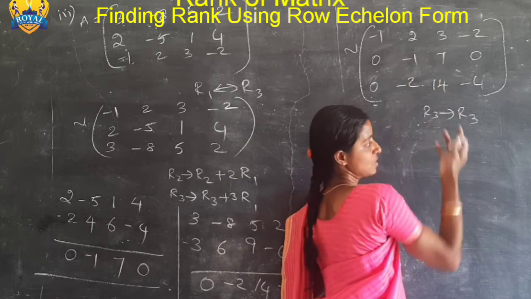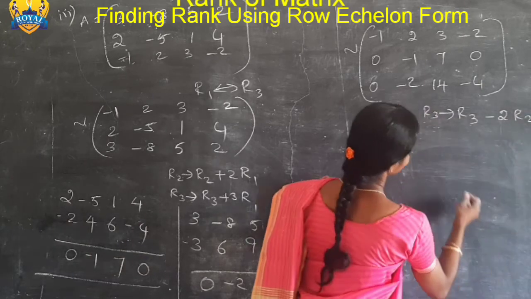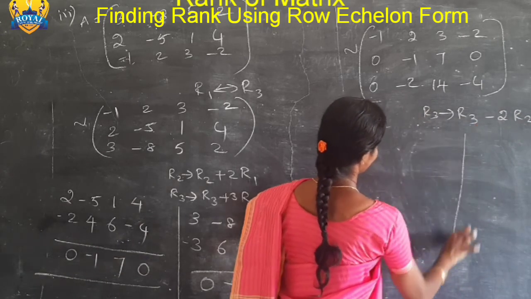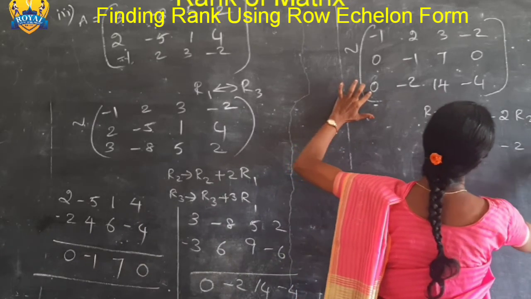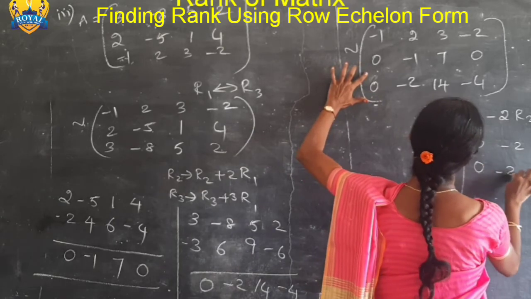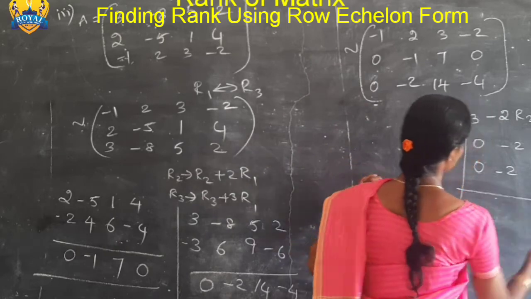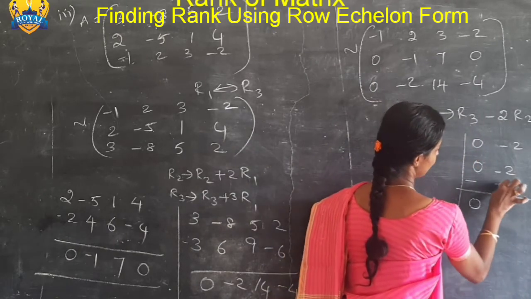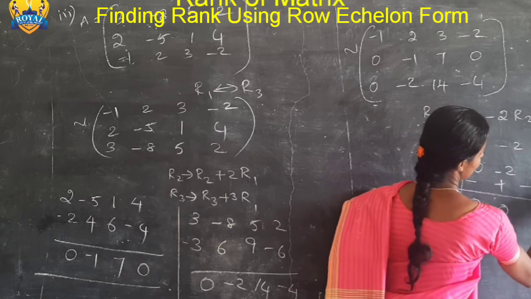So R3 minus 2 times R2. So what is my R3? 0, minus 2, 14, minus 4. Multiply row 2 by 2, minus 2, 2 7s are 14, 0. What should I do? Subtract. 0, here minus 2 plus 2, 0. 14 minus 14, 0. Here minus 4.